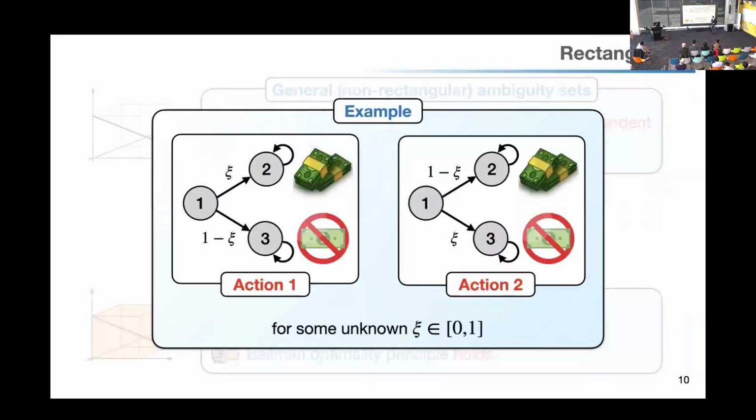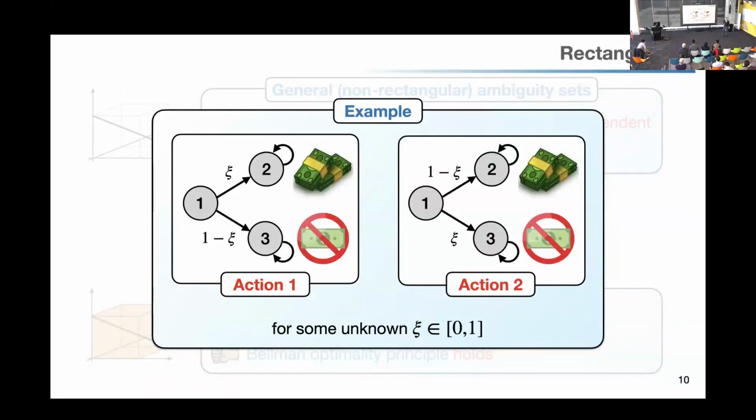Unfortunately, SA rectangular ambiguity sets can be very conservative. Let me show you the following example to illustrate this. Imagine we have a very simple toy Markov decision process with 3 states. We deterministically start in state 1, and we either end up in state 2, where we receive a reward, or in state 3, where we do not receive any rewards.